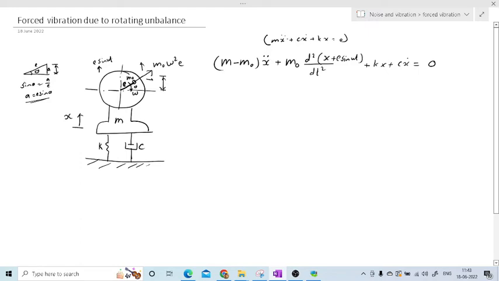So this total term mx double dot, plus cx dot plus kx is equal to 0. So this is the differential equation. Now modify this differential equation.